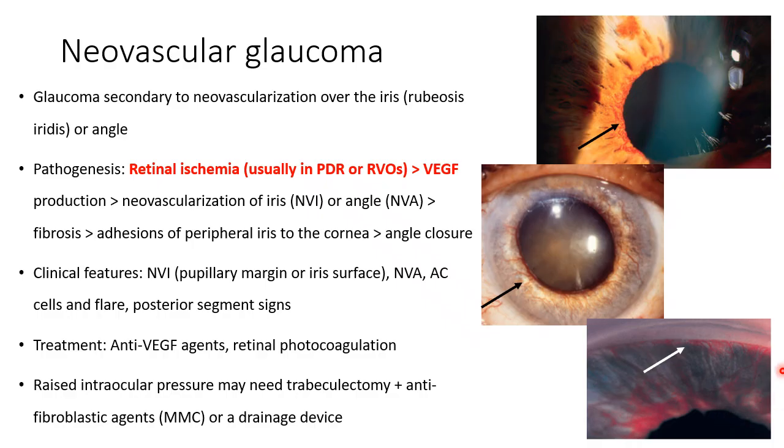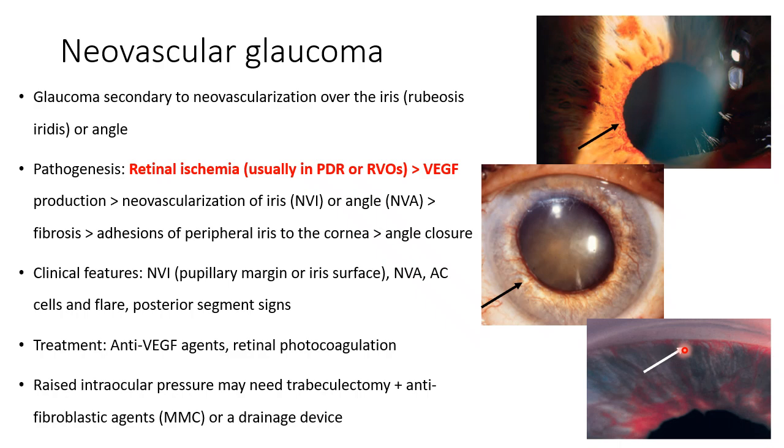And then these vessels can also be present in the angle. This is the gonioscopic view. You see the blood vessels are there in the angle also, and that is known as NVA. NVA can happen at any stage of proliferative diabetic retinopathy or retinal vein occlusion, at any stage of neovascular disease.